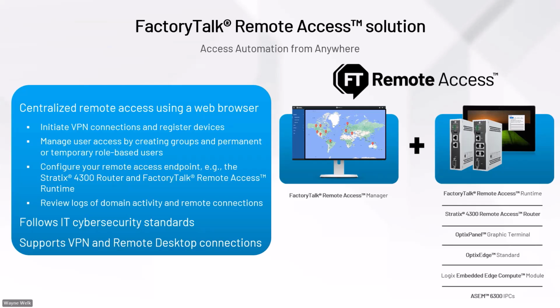So through FactoryTalk Remote Access, you can initiate your VPN connections and locally or remotely register your devices in the manager. And then you can establish user and group permissions, as well as temporary role-based users for who can access, manage parts of the firewall, who can remote into different devices.